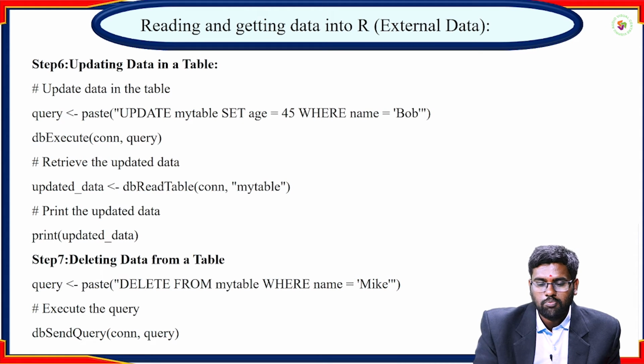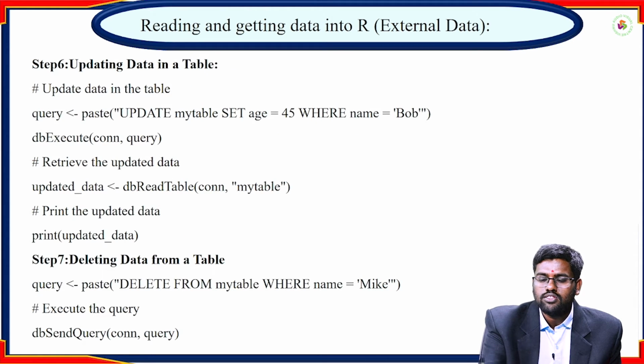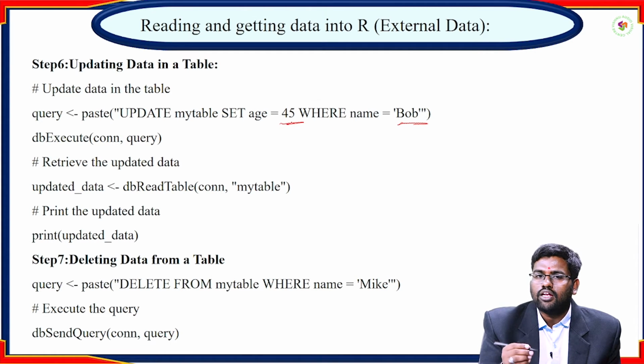Now we will see the previous one: I want to change Bob's age to 45. So finally that value is updated in our table. Bob's age was actually 40, and now I want to change that age value to 45. So in the place of name equal to Bob, we replace the age value 40 with 45. So that is the update.